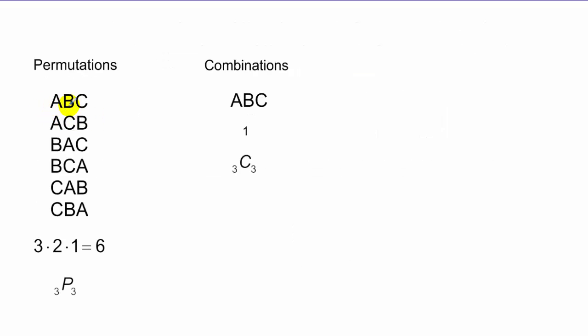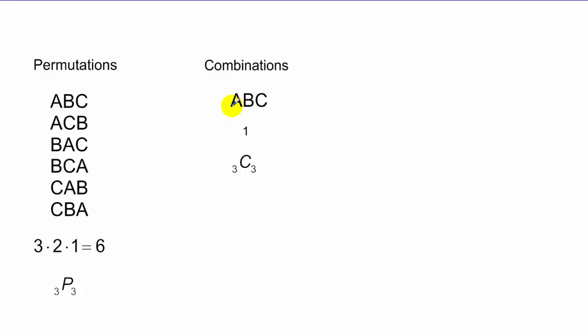So if I take the letters A, B, C and I arrange them in a line, I can arrange them 6 different ways. And I would take the calculation of 3P3 and get a total of 6 from that.